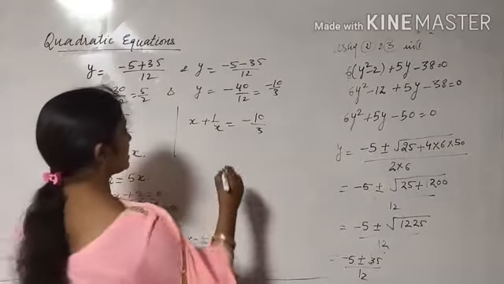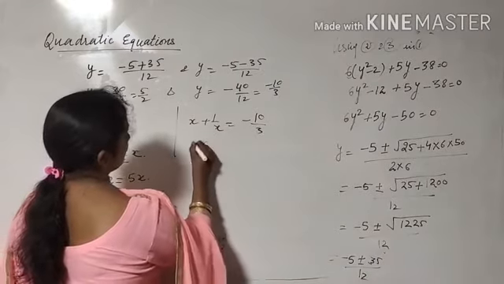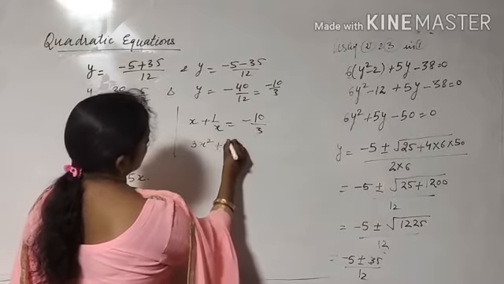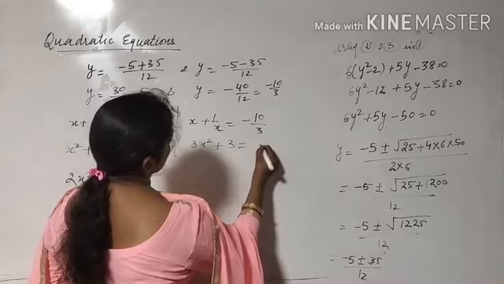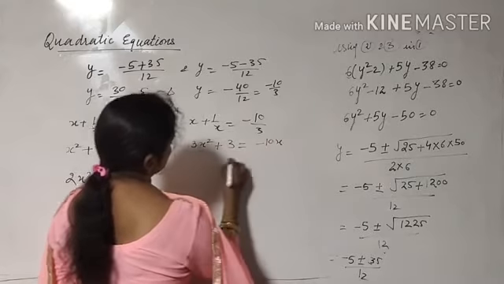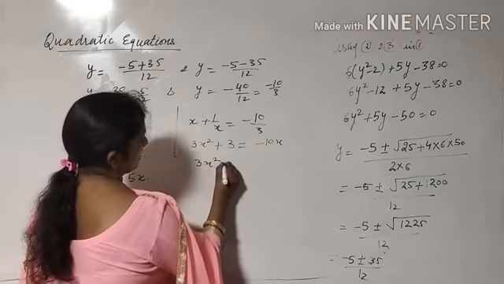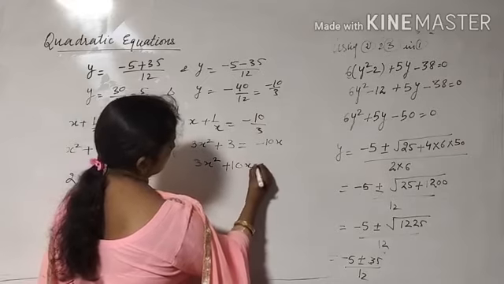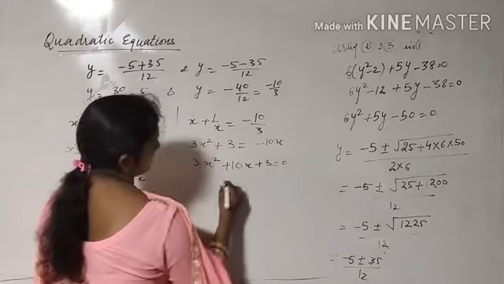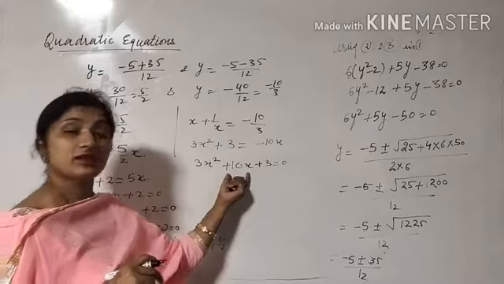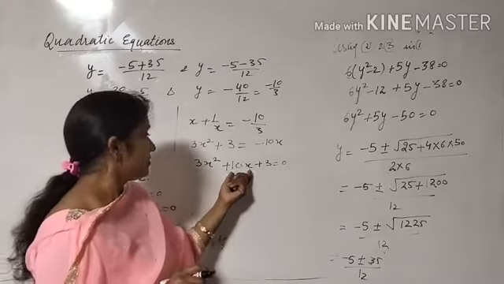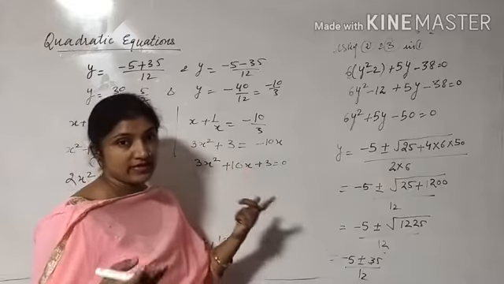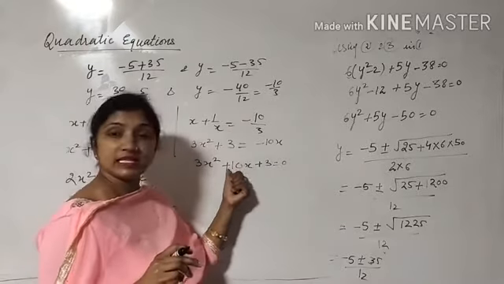Similarly, you can solve it. We'll get 3x square plus 3 is equal to minus 10x. And in that case, we get 3x square plus 10x plus 3 is equal to 0. Now again we have to break this 10x into two parts such that their product is 9. So 9 ones are 9 and 9 plus 1 is 10.